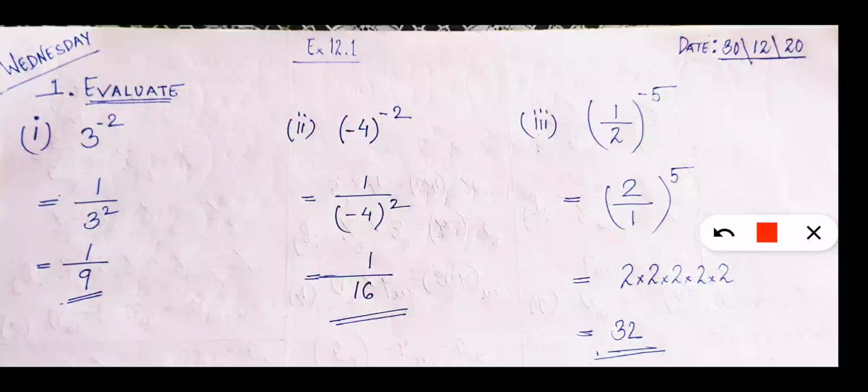This is the first exercise, exercise 12.1, and it's very simple, my dears, but it is very important as well, where you will learn how to make the powers positive. Here you can see in question number 1, evaluate Roman number 1, Roman number 2 and Roman number 3.